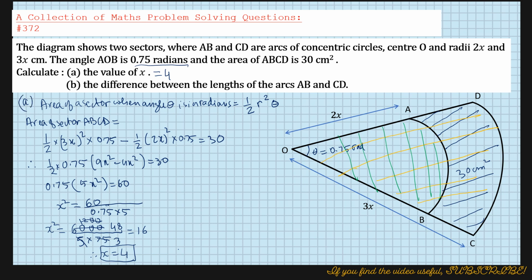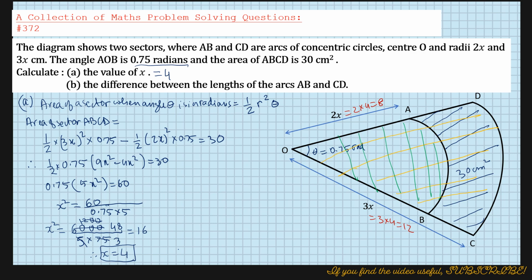That's done. Now the second part: the difference between the lengths of the arcs AB and CD. So we have to find the lengths of these arcs using the radius. When x is 4, then 2x would be 2 times 4, that's 8, and 3x would be 3 times 4, that is 12.